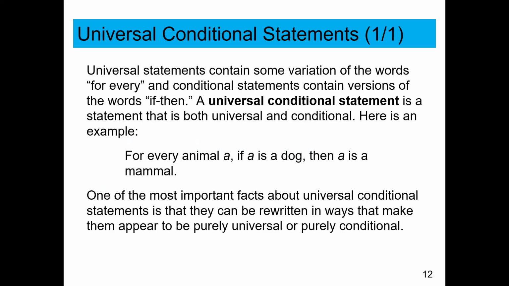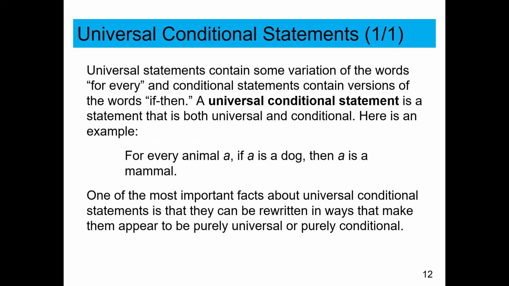universal. So a universal statement is something that... universal conditional is like for every animal A, that's the universal part. If A is a dog, then A is a mammal. One of the most important facts about these is they can be rewritten in many ways to make them purely universal or purely conditional.